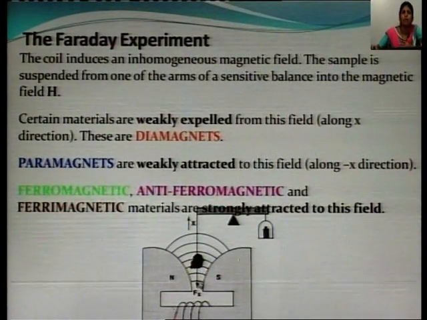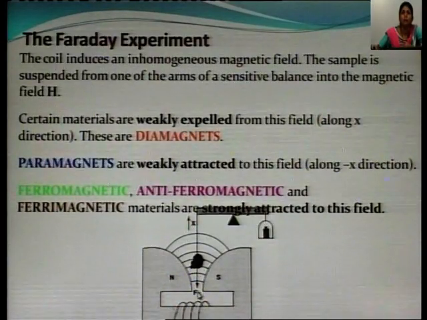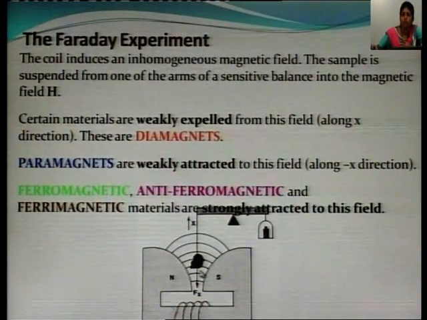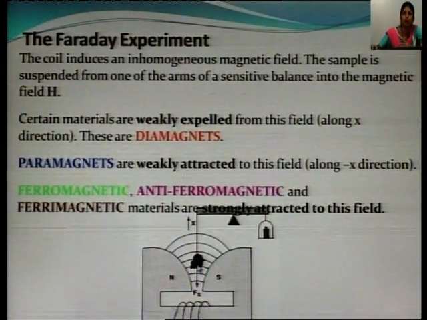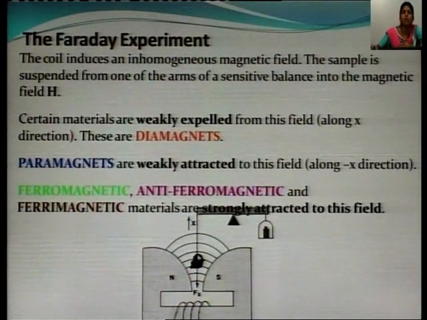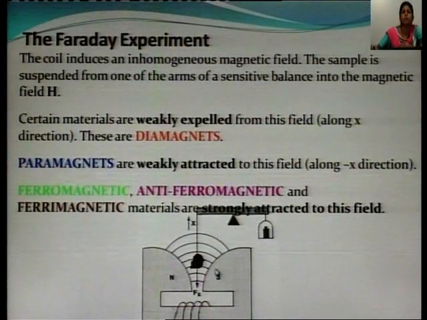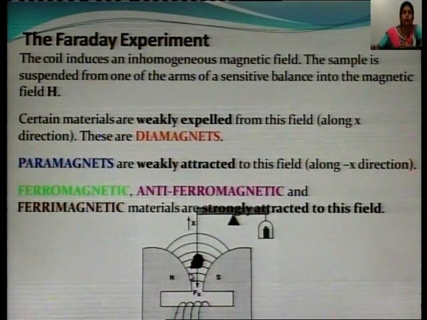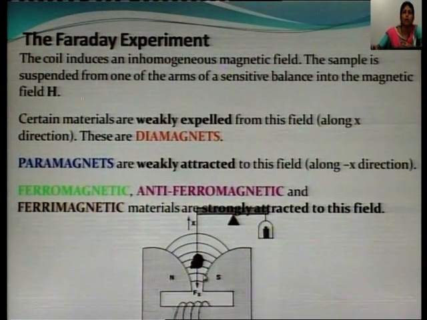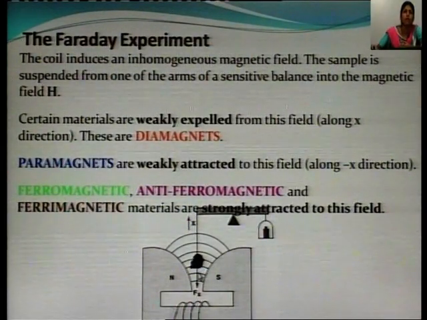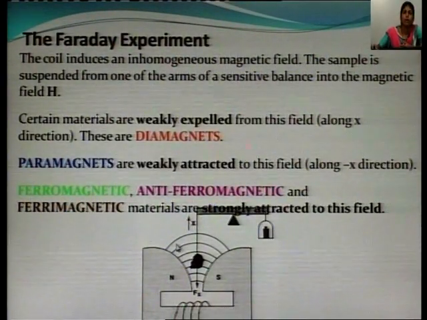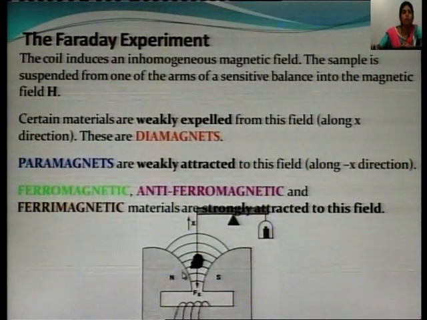If this material is weakly attracted by this magnetic field, then this is a paramagnetic material, and if this material is strongly attracted by this field, then it may be a ferromagnetic, an antiferromagnetic, or a ferrimagnetic material. So in this way we can detect whether it is a weak magnet or a strong magnet.